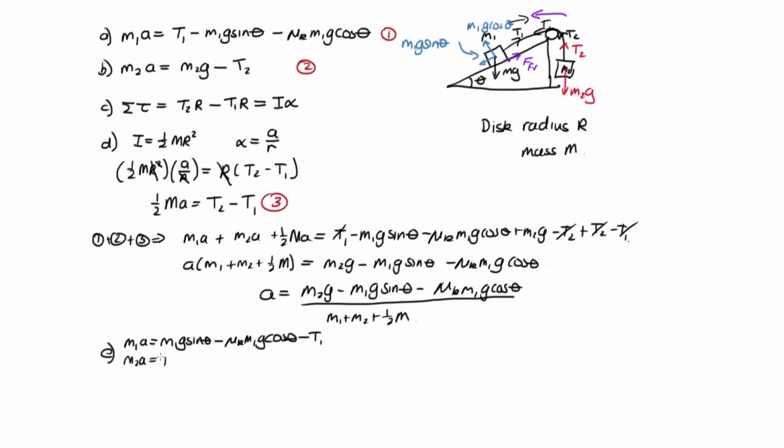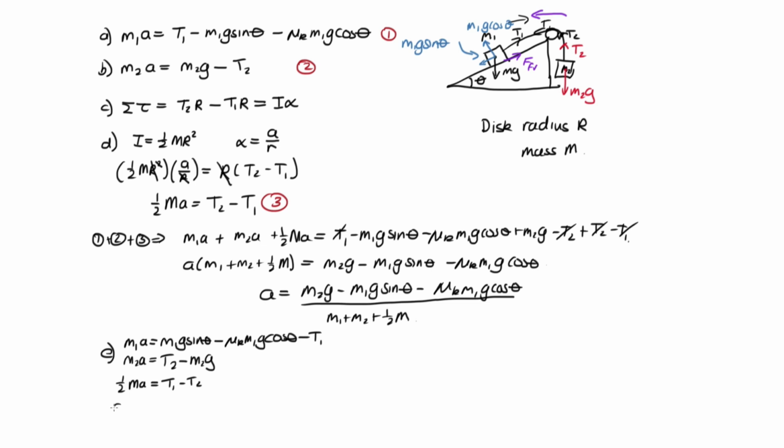M2a, we've now got it's being pulled up, so T2 minus M2g, and our moment of inertia is also in the opposite direction, as now T1's bigger than T2. So we've got a half Ma is equal to T1 minus T2. Then once again, we can sum all these together.